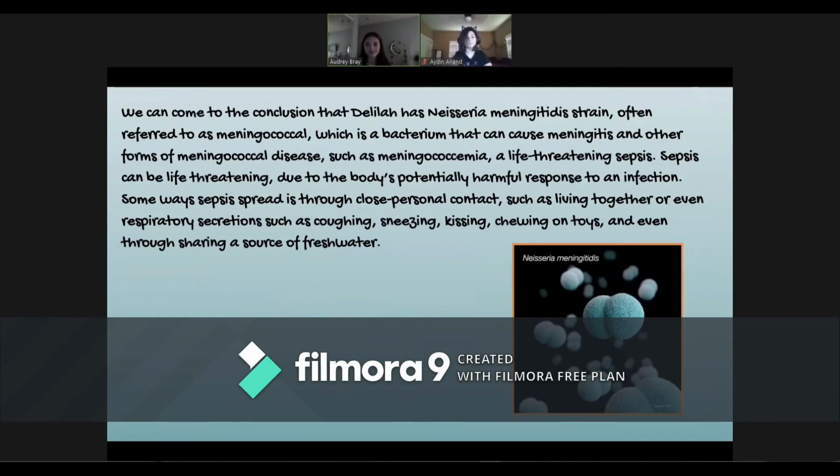So basically, all in all, like what Aiden was saying, we can gather from this information that Delilah does in fact have the Neisseria meningitidis strain. Some information on this: it's a bacterium that can cause meningitis, and it can also cause other life-threatening diseases like meningococcemia, which is a life-threatening sepsis.